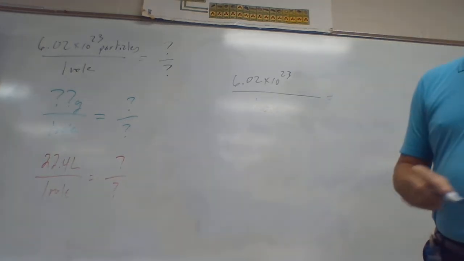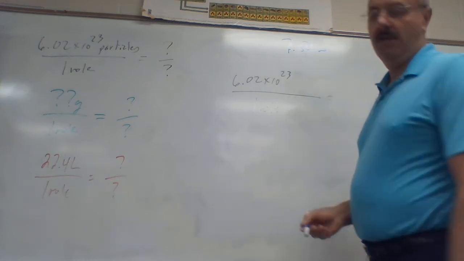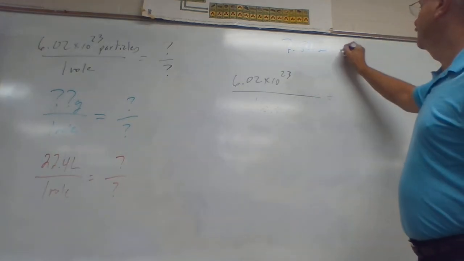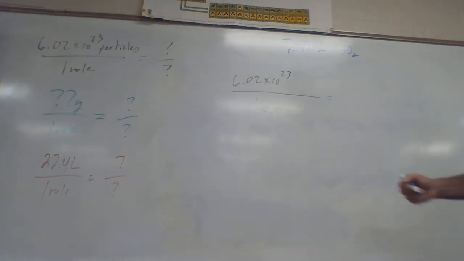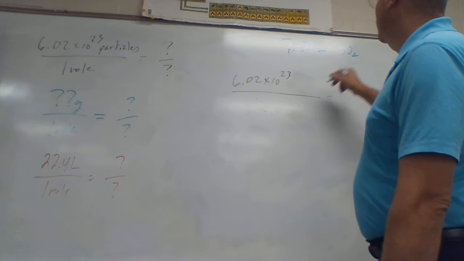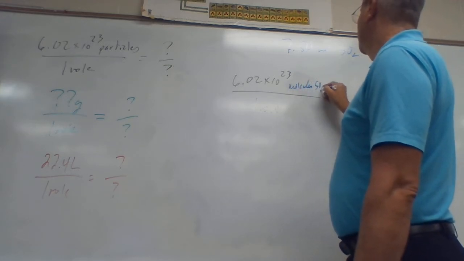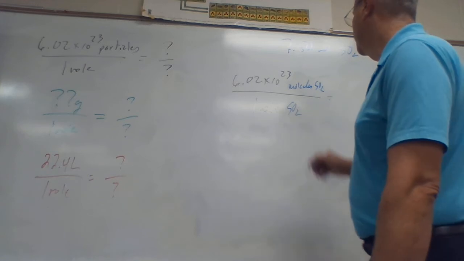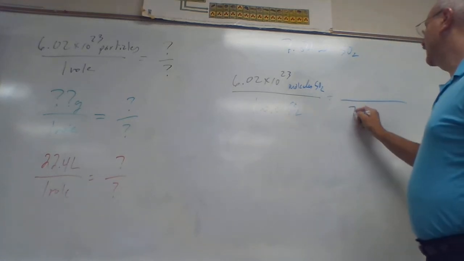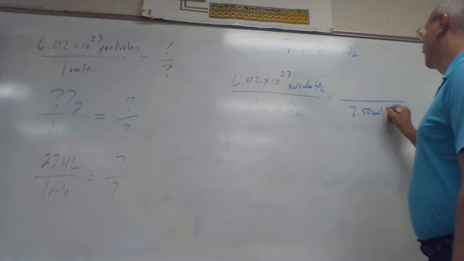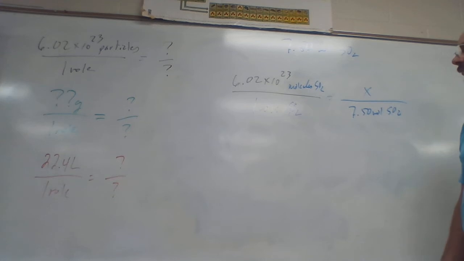All right, letter C. They gave us 7.50 moles of SO2, sulfur dioxide. It's a smelly substance. So we're still using this one. This is sulfur dioxide, which is a molecule, so we're looking at molecules of SO2 per mole of SO2. So we go to the other side. I don't have a mole, I have 7.50 moles of SO2, and we're going to try to find X, the number of molecules of it.